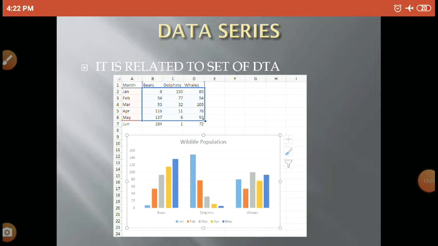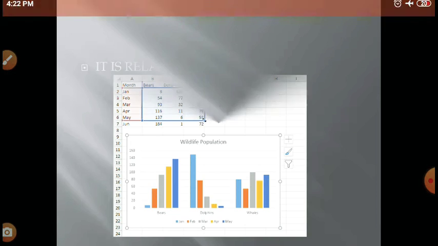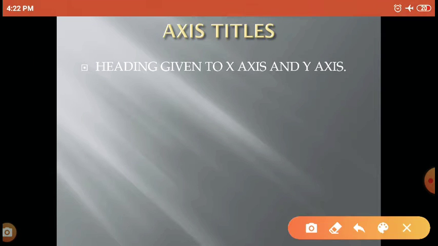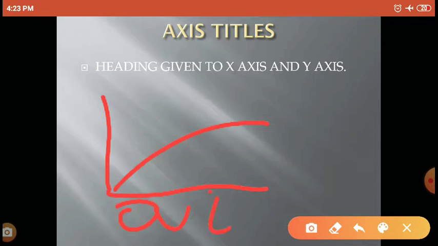Let us move to our next component, that is axis titles. Now see, what is axis title? It is the name given to the x-axis and y-axis. Okay class, just take the example of a cricket match. This is a chart, out here overs and out here runs.